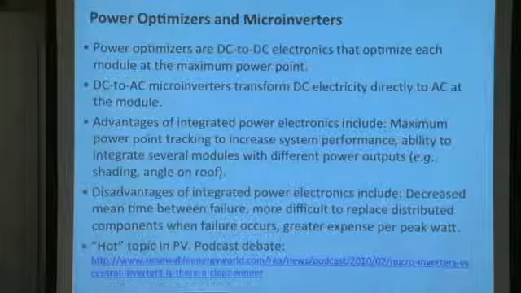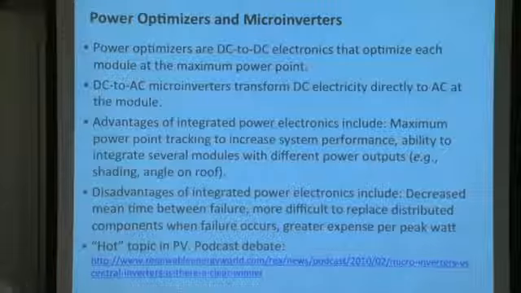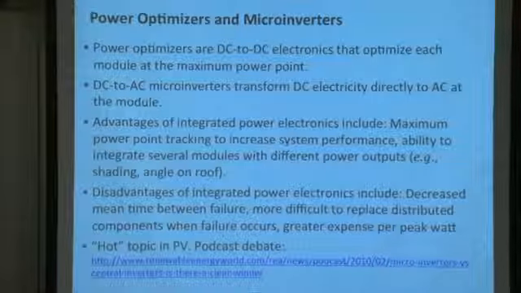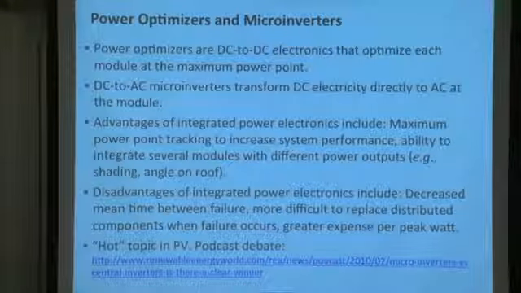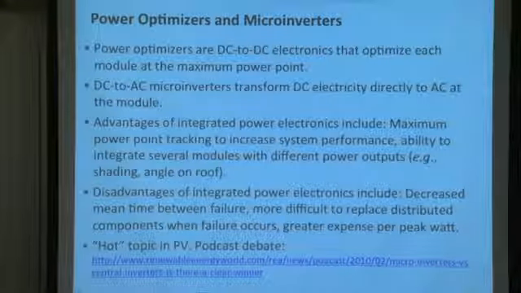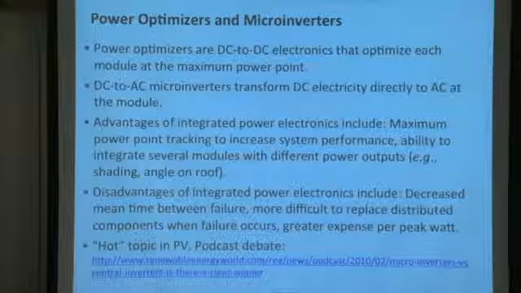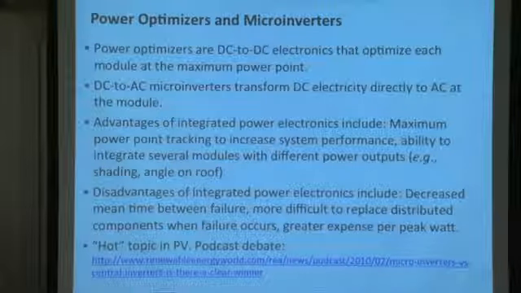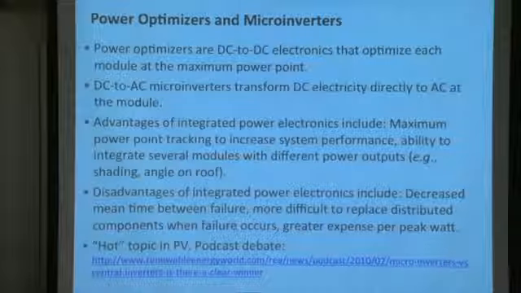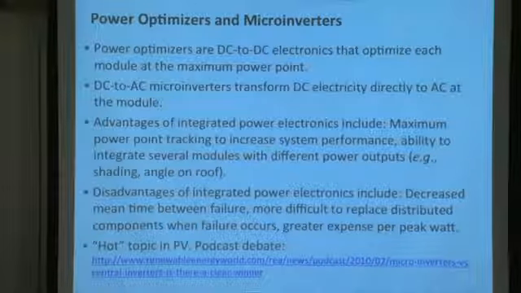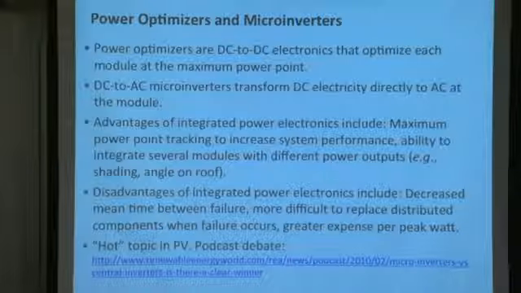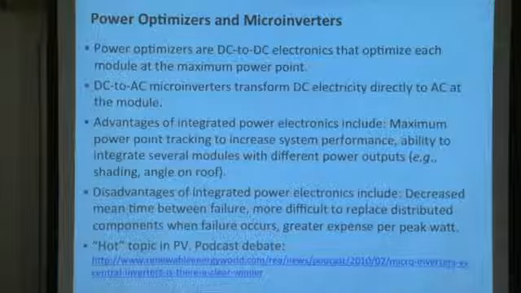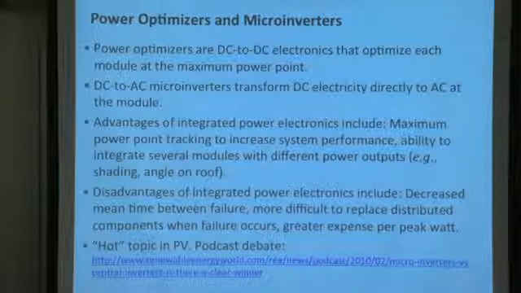So we're going to convert the power directly on the back of the module into AC, alternating current, and then we're going to use electronics from there to essentially add the currents together once we have defined the voltage at 120 volts alternating current. And the advantage of that is that if one module is underperforming, instead of contributing 0, it's now contributing some fraction. If the mismatch was small enough not to trip any of the bypass diodes, but still degrade the power of the overall system, now you're able to recover, you're able to allow that good module to perform up to its true potential instead of being dragged down by the others.